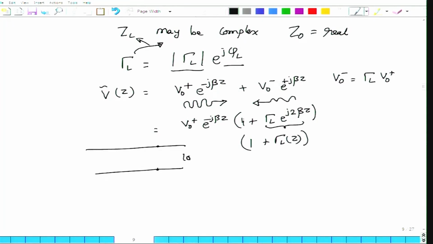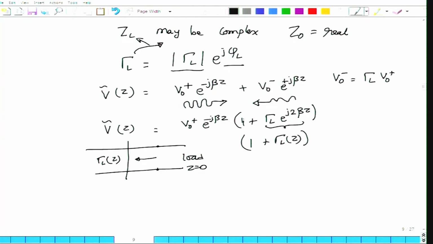So, this is at the load point where z is equal to 0, and at different points the value of gamma L will be changing. To this gamma L, if you add 1 and multiply by V0 plus e power minus j beta z, you will get the voltage phasor, the total voltage on the transmission line.